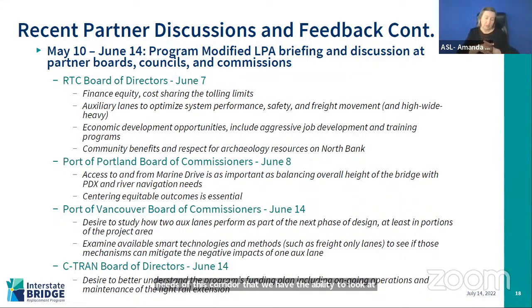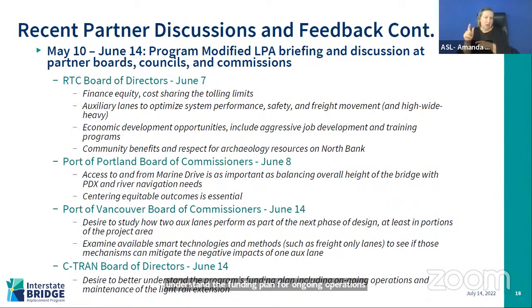So they also spoke about making sure this bridge has smart technology, and that we are future looking to make sure that we can mitigate future impacts in a very structured and smart way. CTRAN, once again, they wanted to understand the funding plan for ongoing operations and maintenance of any light rail extension.